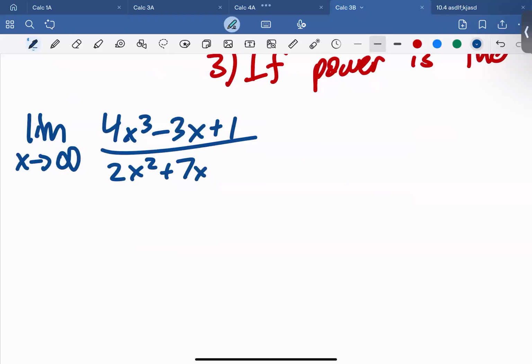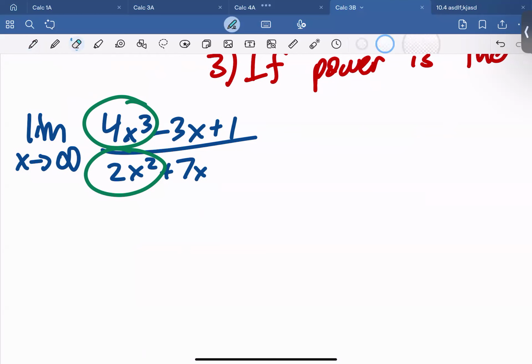Something like this. Okay, this looks horrible, but infinity limits are super simple and exciting because we only need to look at the biggest powers. Okay, so in the numerator, that would be the x cubed. That power is the biggest. And in the denominator, that would be x squared.